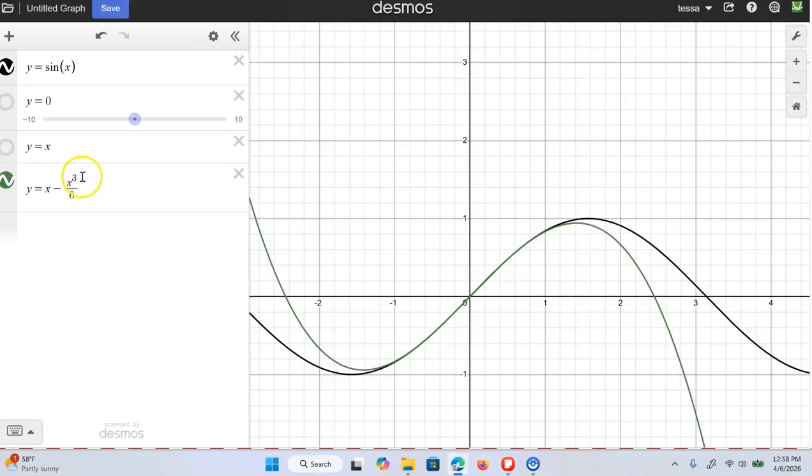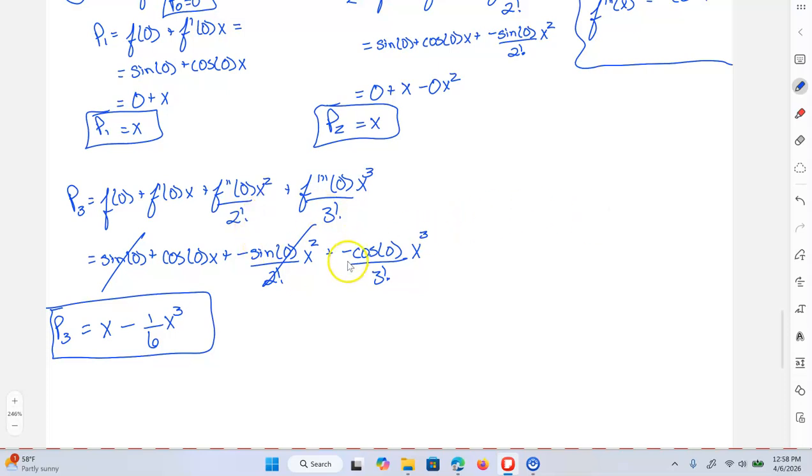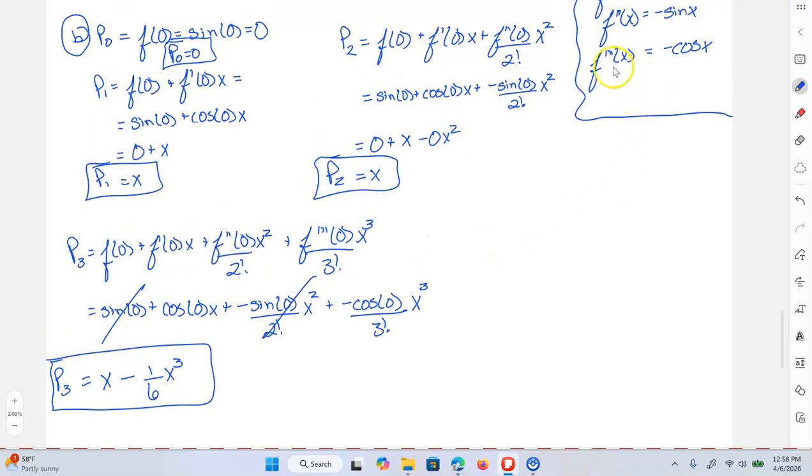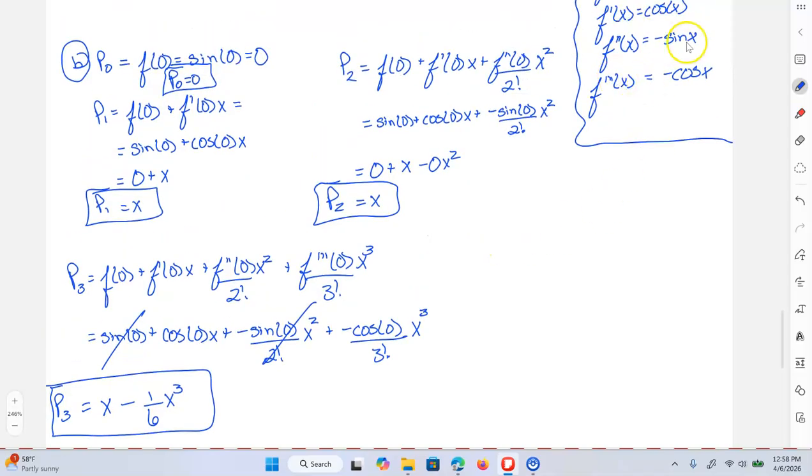And if we were to find the fourth degree polynomial, it would look just like this. And that has to do with the way that we're bouncing back and forth between sines and cosines. So you can see how I'm always going to have odd polynomials here, because if I really look at that fourth derivative, it would go back to sine.